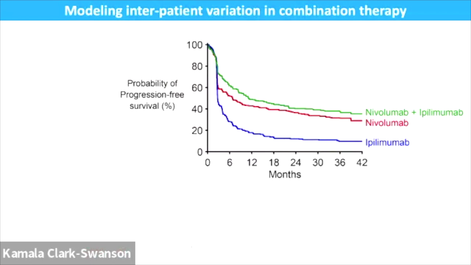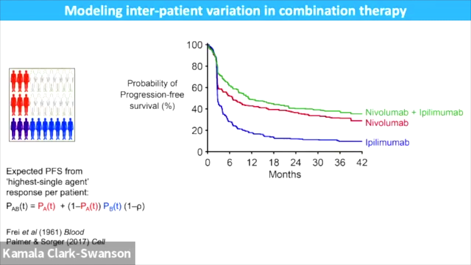So when we're talking about clinical trial results, these outcomes are these survival distributions or Kaplan-Meier curves. So here is an example in metastatic melanoma showing the percentage of patients who are free of disease progression over time when treated with one of two different checkpoint inhibitors or the combination of both of them in the green line.